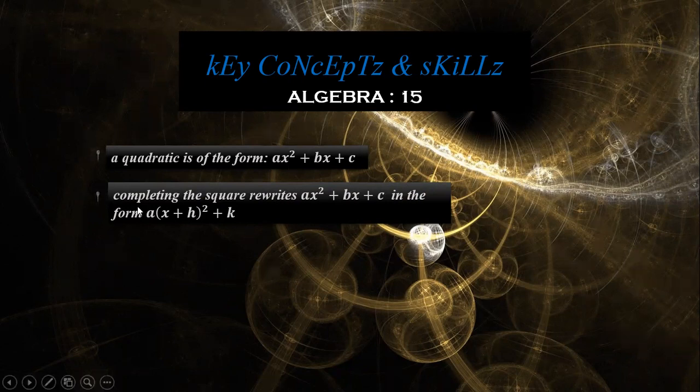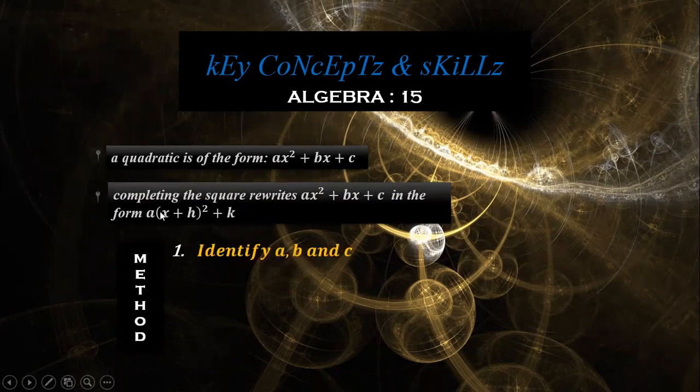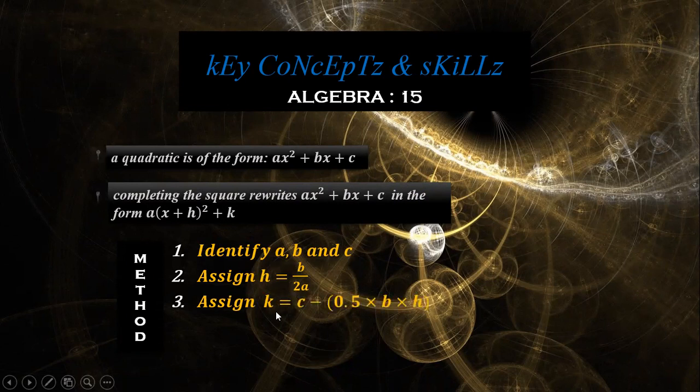Very straightforward. This is the method. First, we identify a, b, and c. Next, we work out what h is. h is b over 2a.